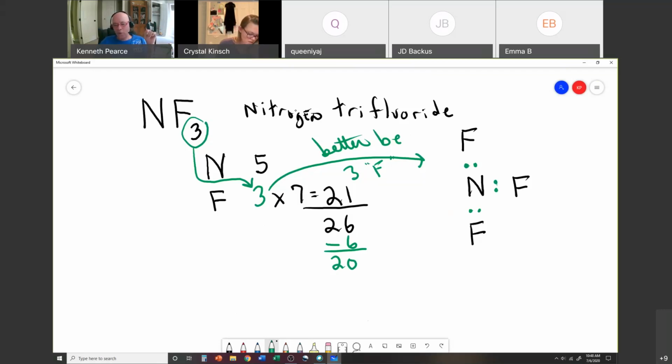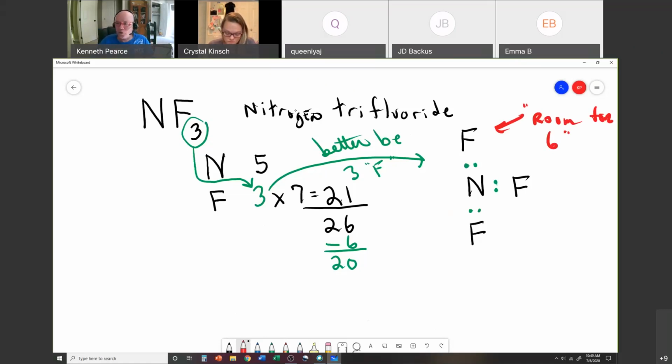All right, so now what? How much room do we have on each fluorine? We have room for 6, right? Room for 6 on each one because we go up to a maximum of 8, except for hydrogen, which was happy with 2, and boron, which is happy with 6, right?